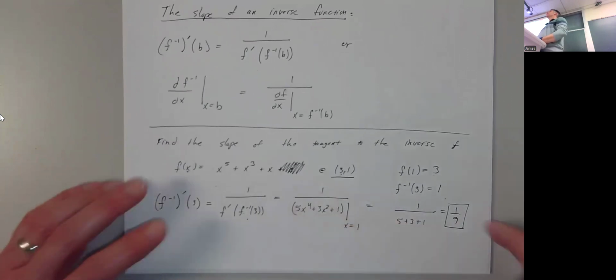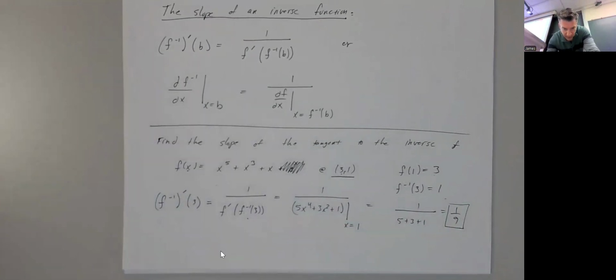So if I graphed, okay, so let's take a look here real quick. So if we look at the original function, which was y equal to x to the 5th plus x cubed plus x, and we look at the point 1, 3, that point right there, the slope of the tangent line is positive 9.